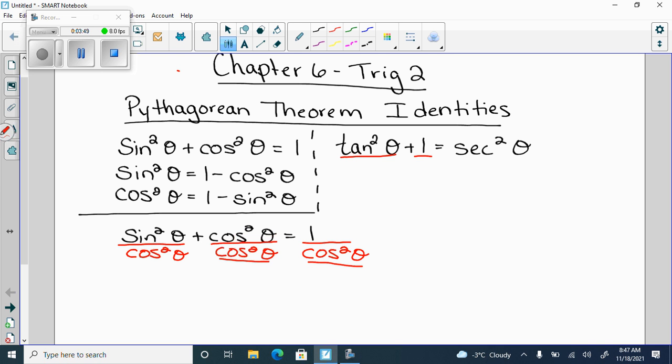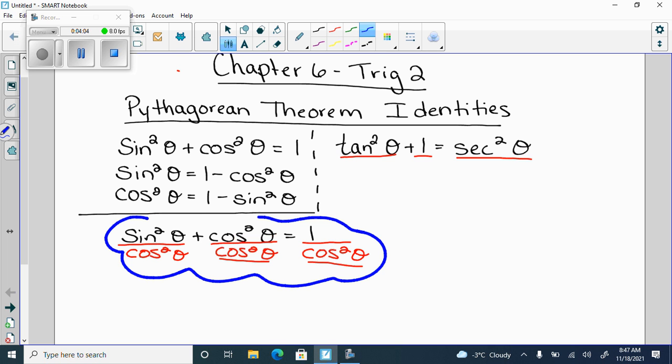And this becomes what? So this formula is the same as that formula. They just took it and divided by cos squared. Okay? So how can we vary this one? I'll just leave this as a little bubble. What could we do to change that one up? Subtract a tan, so you could have secant squared theta minus tan squared theta.